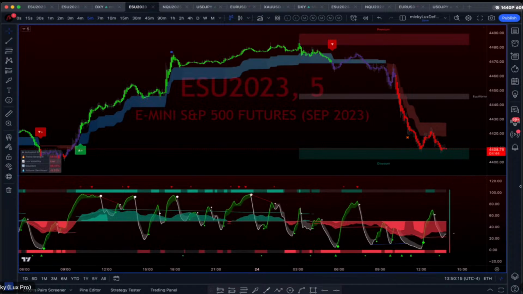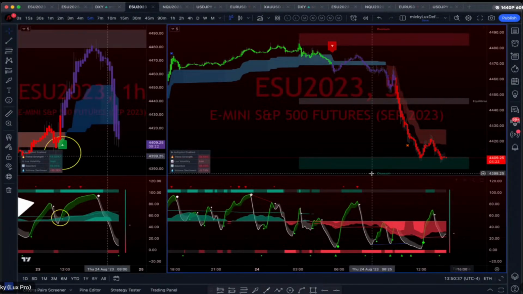Okay. When the 1 hour flipped neo cloud bullish, the 5 minute was already in play with the neo cloud. Okay, I'll show you.